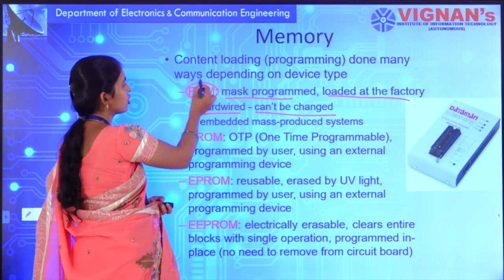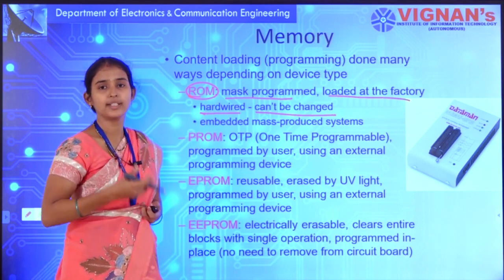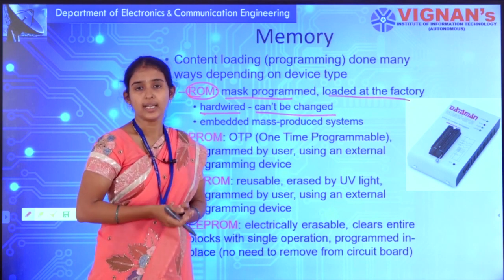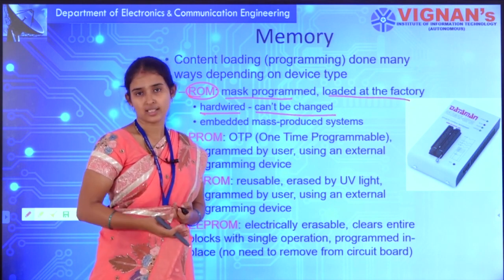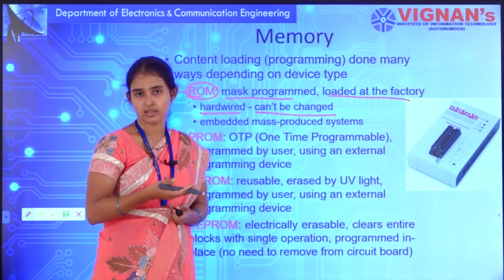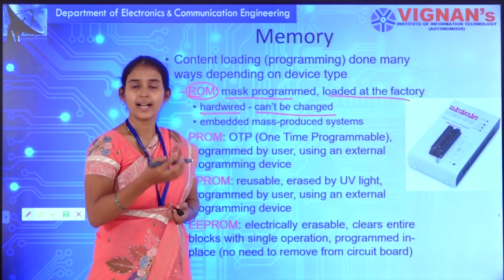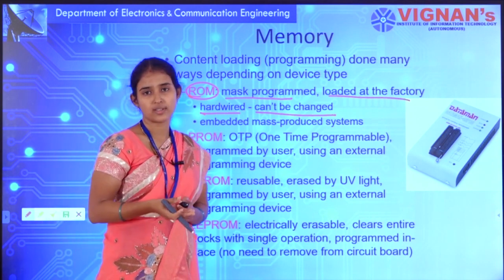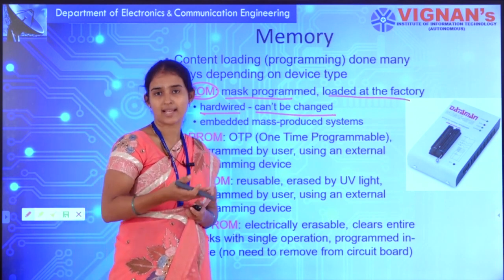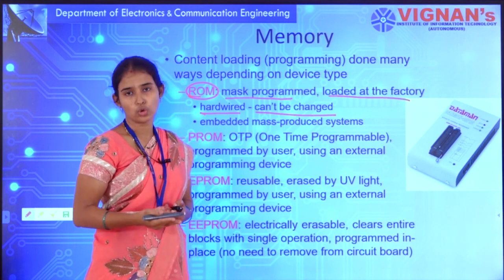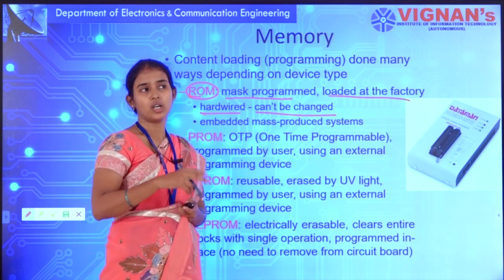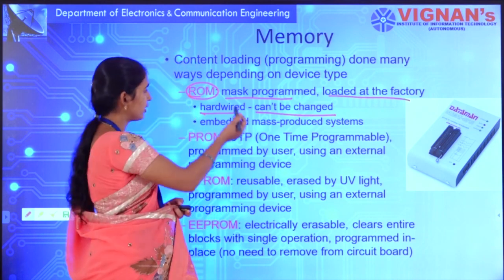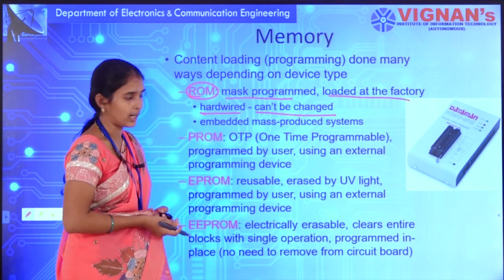What are the drawbacks of mask programmable read-only memory? It takes a few weeks to manufacture that mask, and it also costs a few thousand dollars to manufacture that mask. So these are the two drawbacks, but when the chip has to be provided in large quantity, they will go for mask programmable.